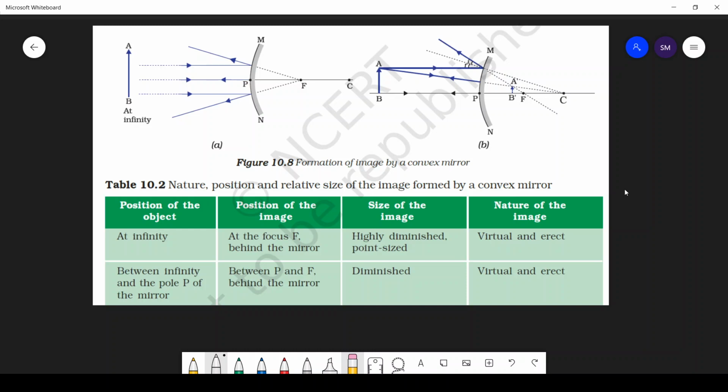Now the next thing is that you have the formula by which you can exactly tell the distance of the image. For that you have certain rules and the mirror formula. Figure 10.9 you can see.